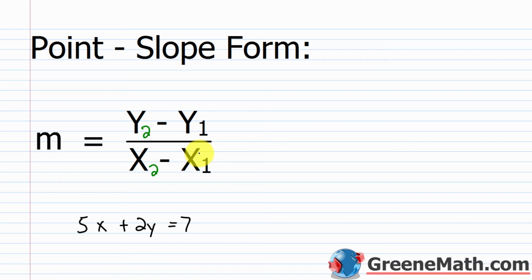Well, with point-slope form, what happens is I have one known point, and I know the slope. So this x and this y that don't have any other notation represent the regular x and y that we're thinking of where we don't know what they are.